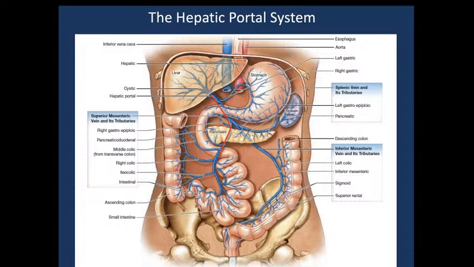Here is the draining vein we call the hepatic vein, and they empty into the vena cava, not from abdominal organs. Only liver veins are tributaries of the inferior vena cava.